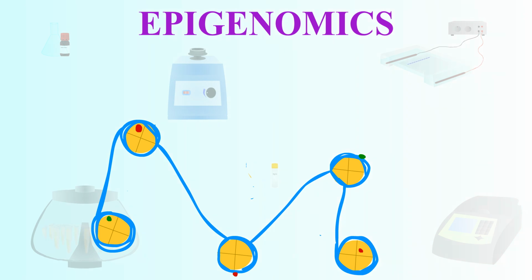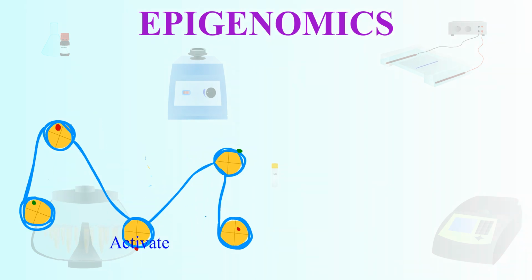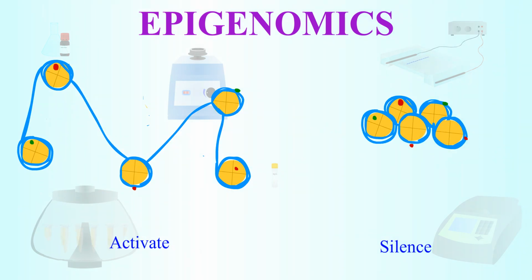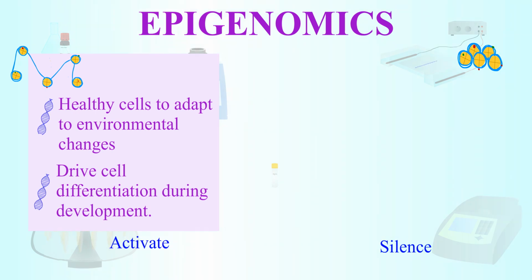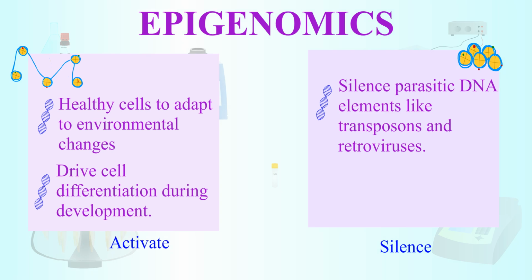The epigenetic changes may regulate gene activity, that is, to activate or silence genes, enable healthy cells to adapt to environmental changes, or to drive cell differentiation during development. These epigenetic changes also sometimes occur to protect our genome by silencing parasitic DNA elements like transposons and retroviruses. So, let's see the epigenetic changes that can be made in our cells.